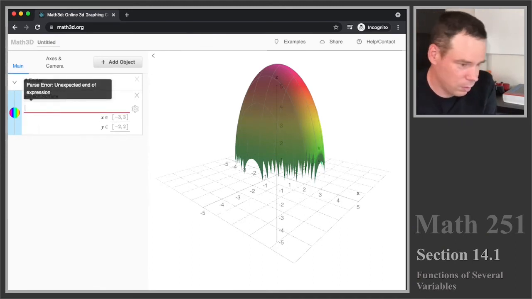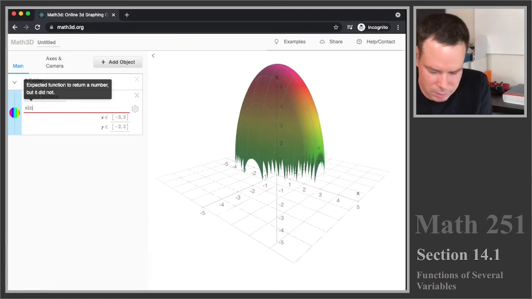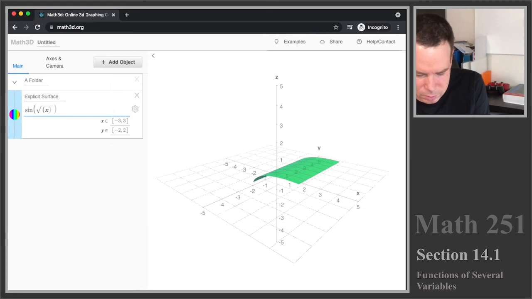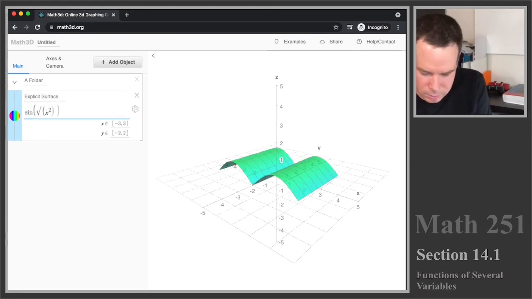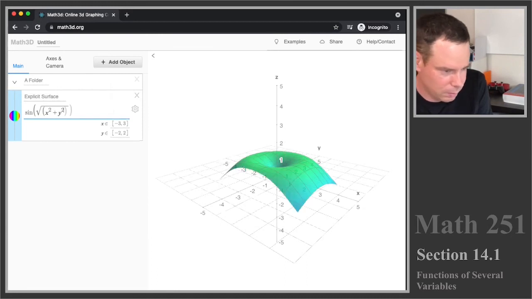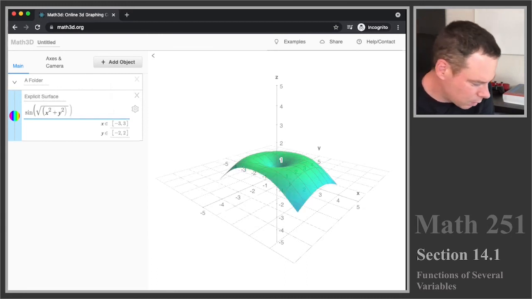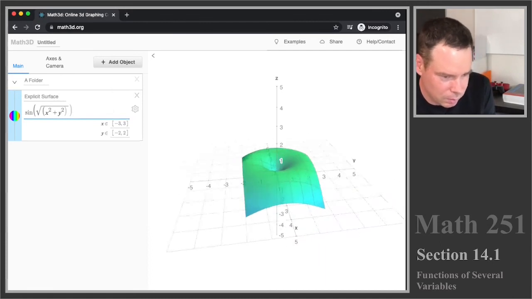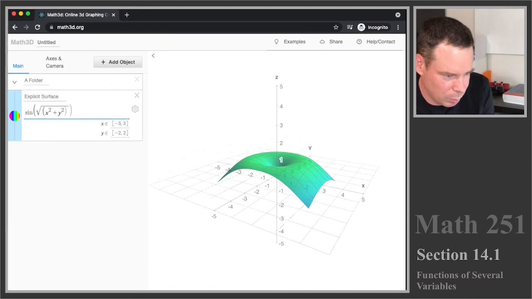What is our surface? It is sine of the square root of x squared plus y squared, squared. And so that's it. Yep, z is equal to that. And you may say, oh, it doesn't look like the shape that I have. Well, I can bump these things up.